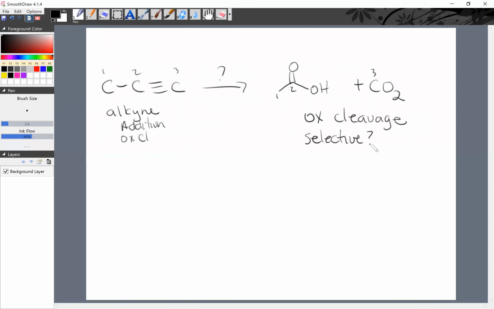I could use potassium permanganate or ozonolysis because there are no special conditions. It will go to this regardless of what I do if it's terminal. And so I could use ozonolysis or potassium permanganate. Or you could be more specific and actually tell me the conditions.